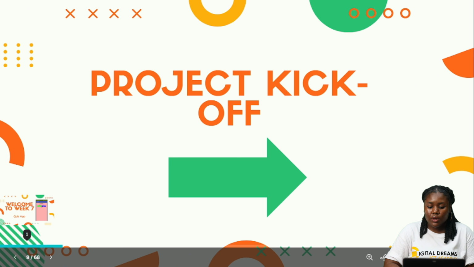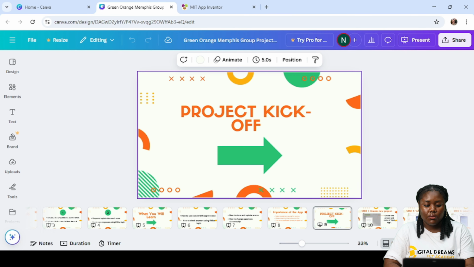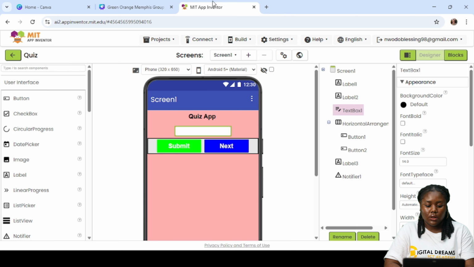Project kickoff. So now we'll be heading on to App Inventor. Let's see what we're creating. This is how the quiz app is going to look, and here is the block interface.